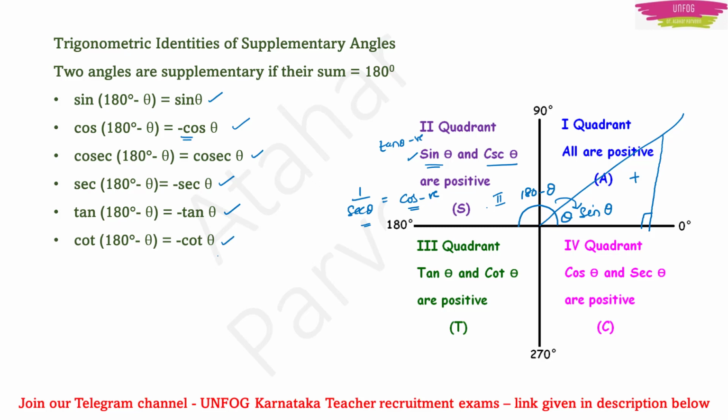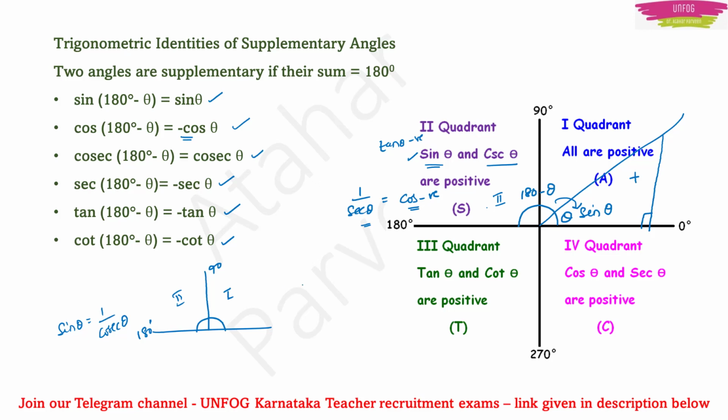See, when we talk about 180 degrees we are talking only till the second quadrant. The first quadrant ends at 90 degrees, the second quadrant ends at 180 degrees, and here only sin theta is positive, and obviously cosecant theta will be positive too, because sin theta is the reciprocal of cosecant theta, and all other ratios will be negative.